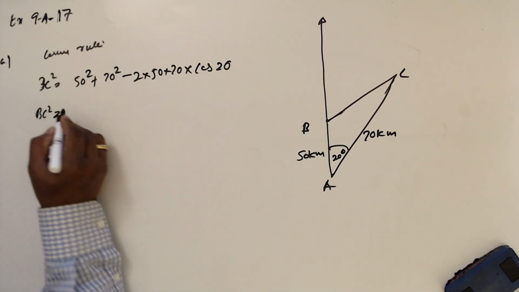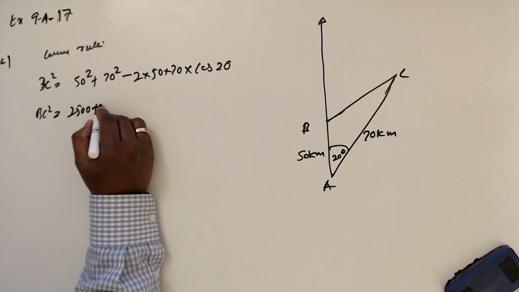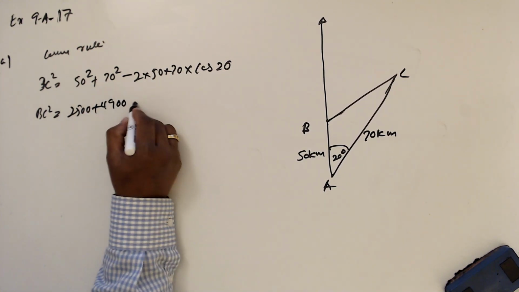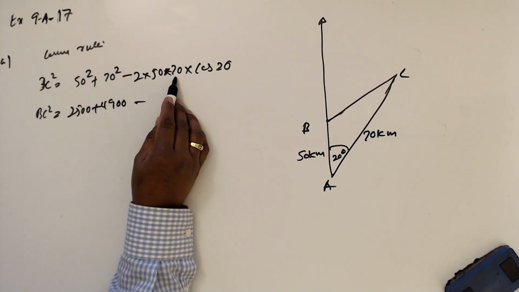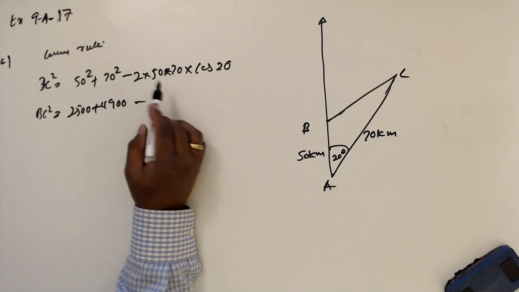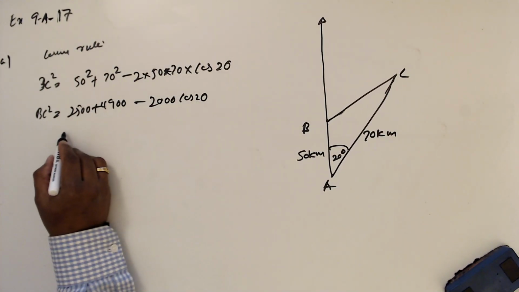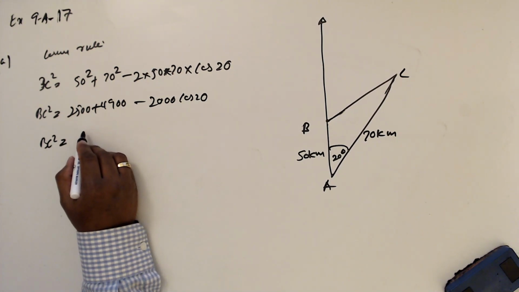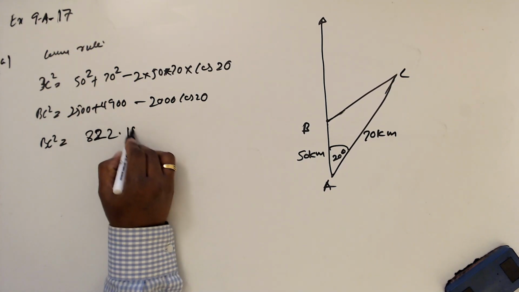So BC square equal 2500 plus 4900, and this multiplication 50 times 70 times 2 is 7000, times cos 20, and BC square equal 822.15.